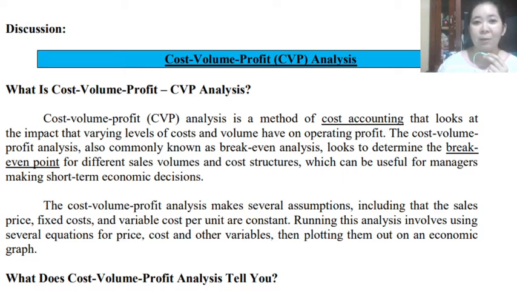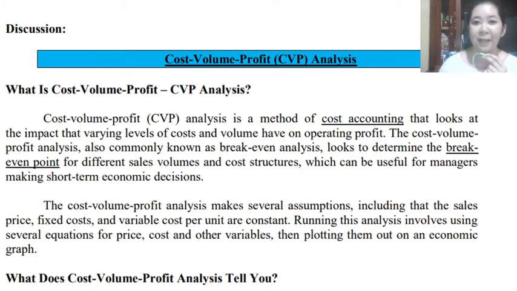Basically, this is one of the methods used in cost accounting or management accounting that looks into the impact of the varying levels of our costs and its relationship with the level of volume of units that an entity will produce, and also the effect of the cost and the level of volume on the profit that will be earned by the entity.